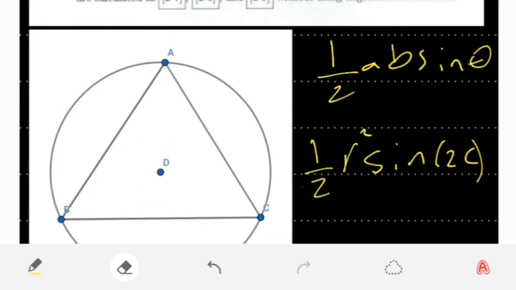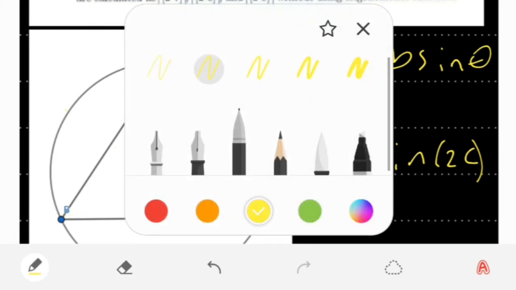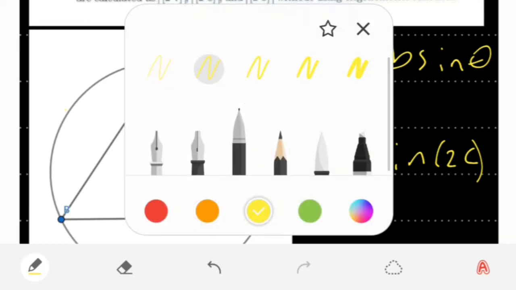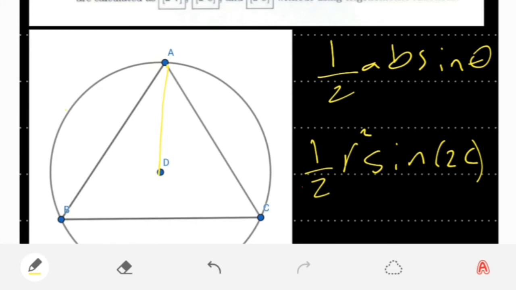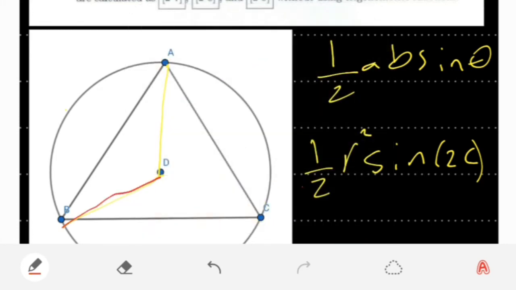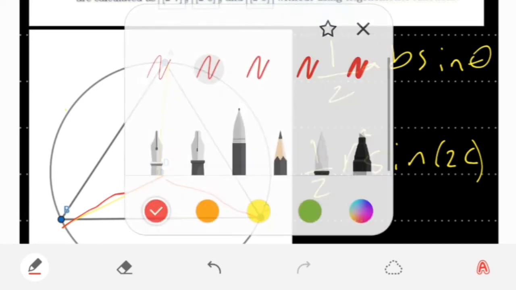We are going to have a yellow triangle, a red one, and an orange one.